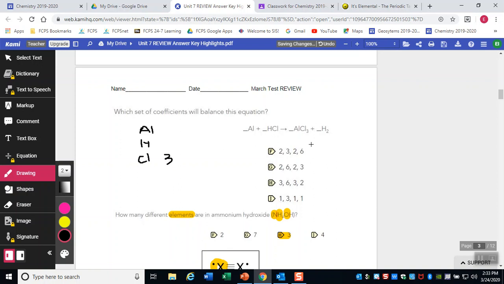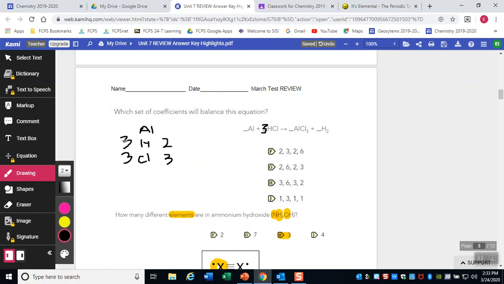These are my products, right? I have 3 chlorines over here, so I need to have 3 over here. So if I put a 3 right here, that would give me 3 chlorines, right? So I would have 3 and 3. But that would give me 3 hydrogens here, right? And I have 2 hydrogens, looking at this subscript here. So that is not balanced.